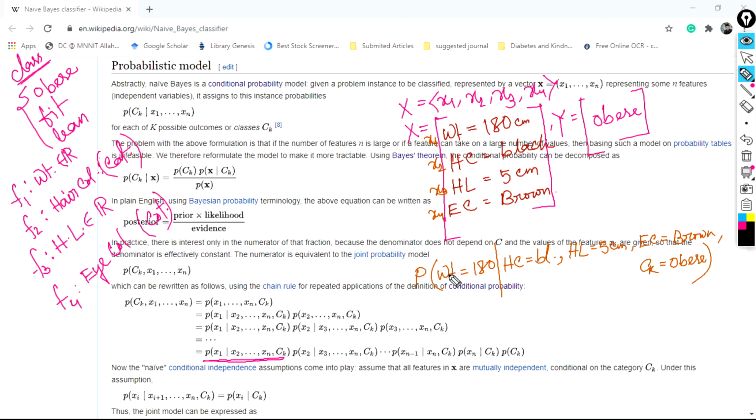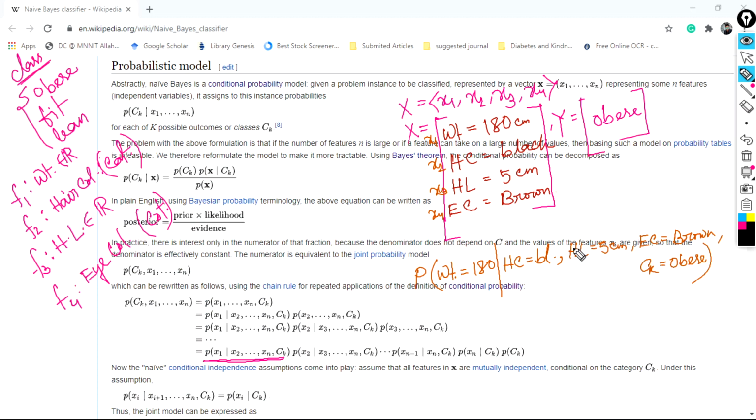This means we have to calculate the probability of weight 180 centimeters given that the hair color is this one, hair length is this one, eye color is this one, and the class is obese.